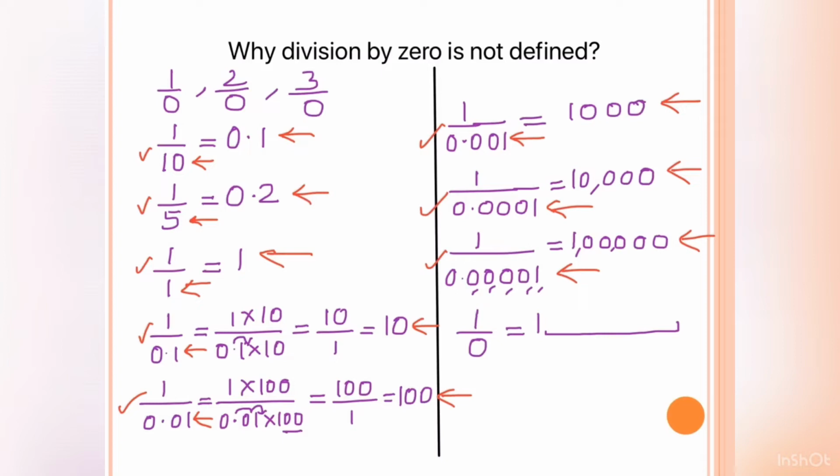That's why we say the value of this is infinite or not defined. Hence, division by 0 is not defined.